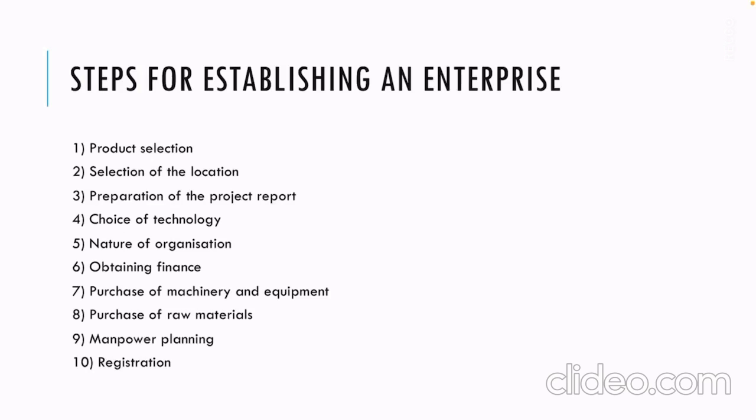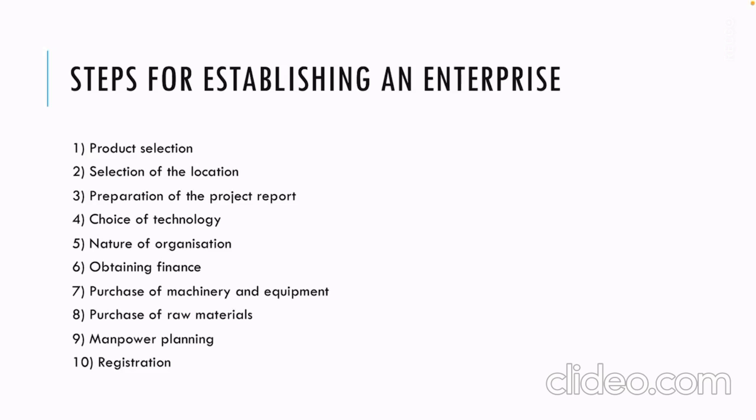Next, we'll move to steps for establishing an enterprise. In order to establish an enterprise, it has to follow some steps. So let's understand what those steps are one by one. Step 1 is product selection. See, certain goods require a magnet to attract the customers.